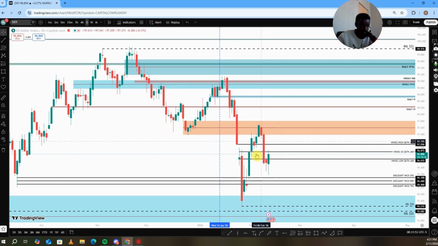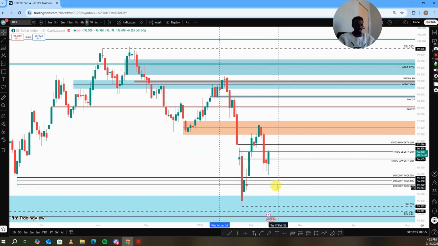So I want to see whether price will find resistance there and form a swing high and start rolling down again. And once it does that, I'll be looking at these discount weeks gradients, that is, 25%, 50%, and 75% as the possible draw on liquidity.